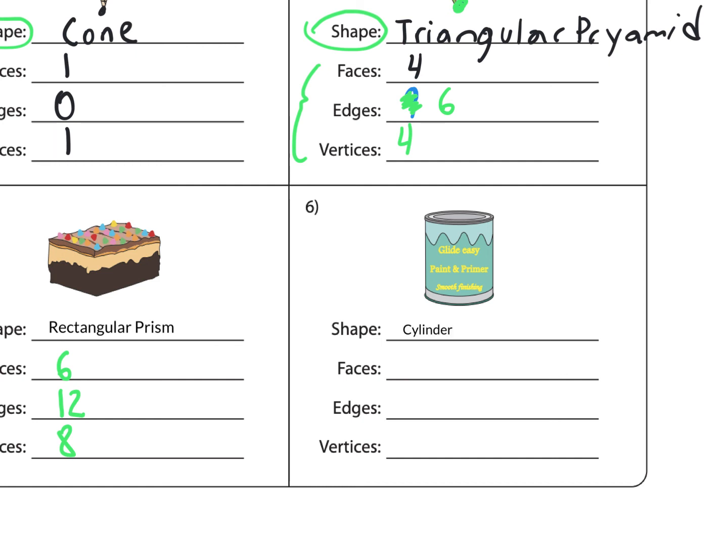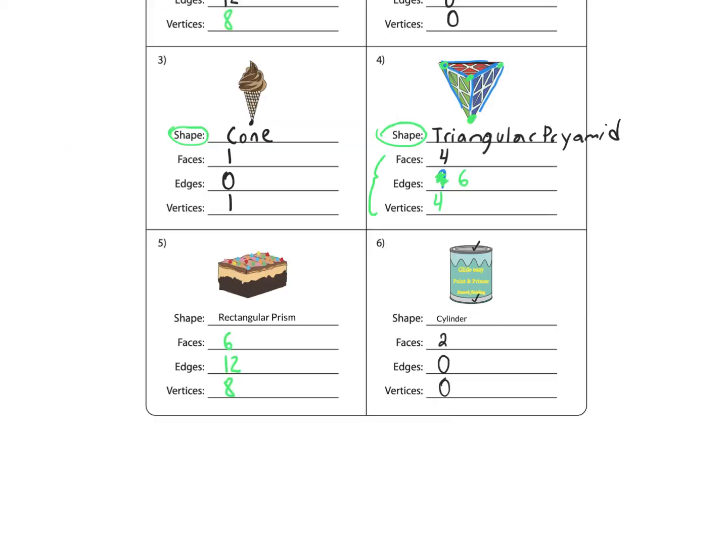This one is a cylinder. So on our cylinder, remember, if it's a curved surface, it's not a face. So we just have the top and the bottom, so 2 faces. And since it's curved here, we don't have any edges or any vertices.